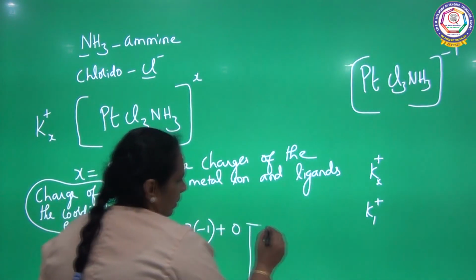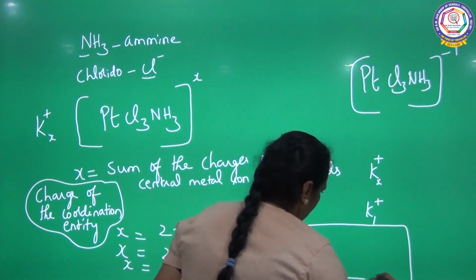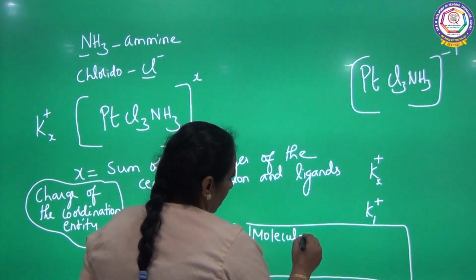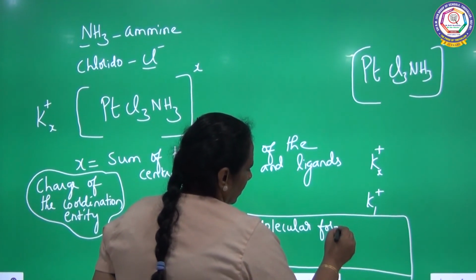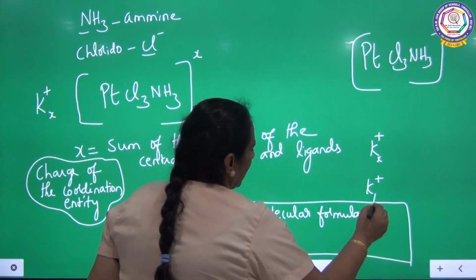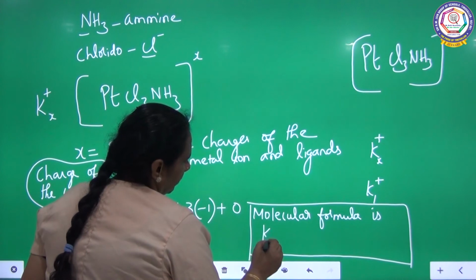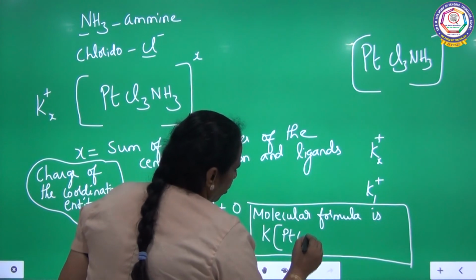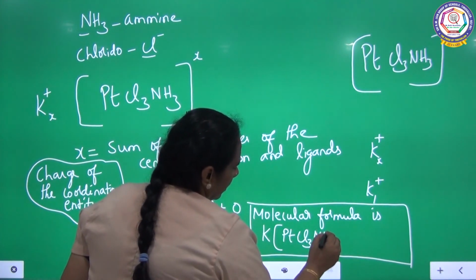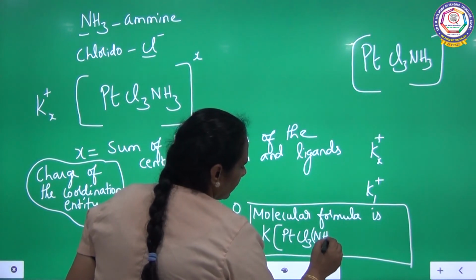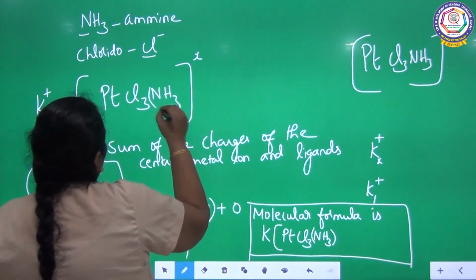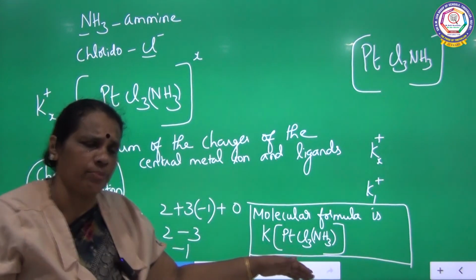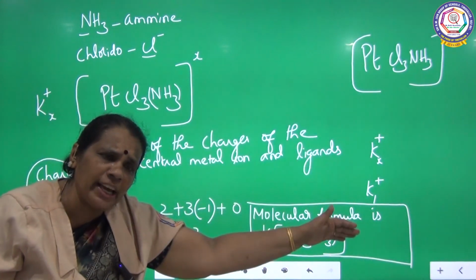Finally, the molecular formula is K, Pt, Cl3, NH3 in square brackets. This is the formula of my complex, which is a binuclear complex.